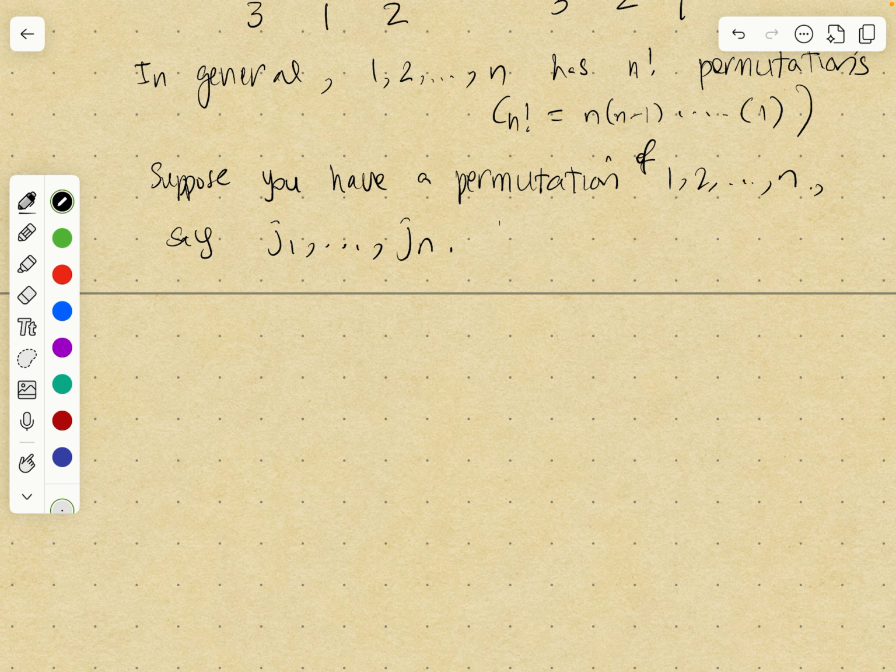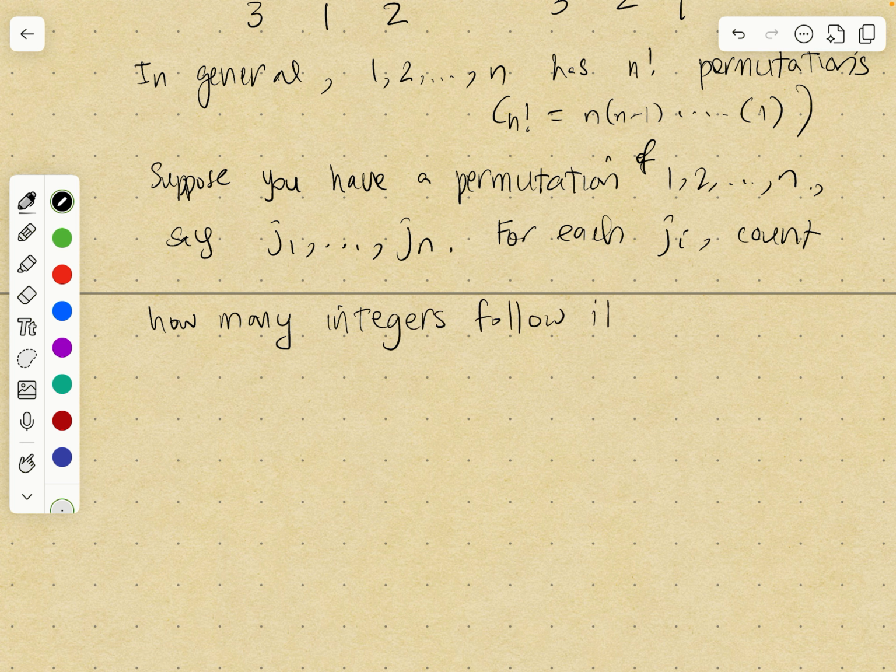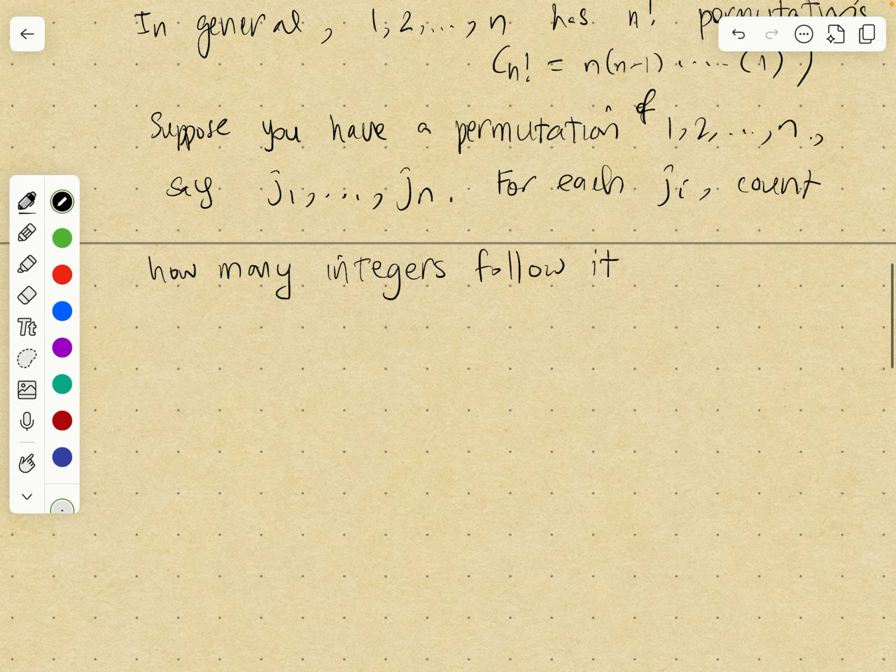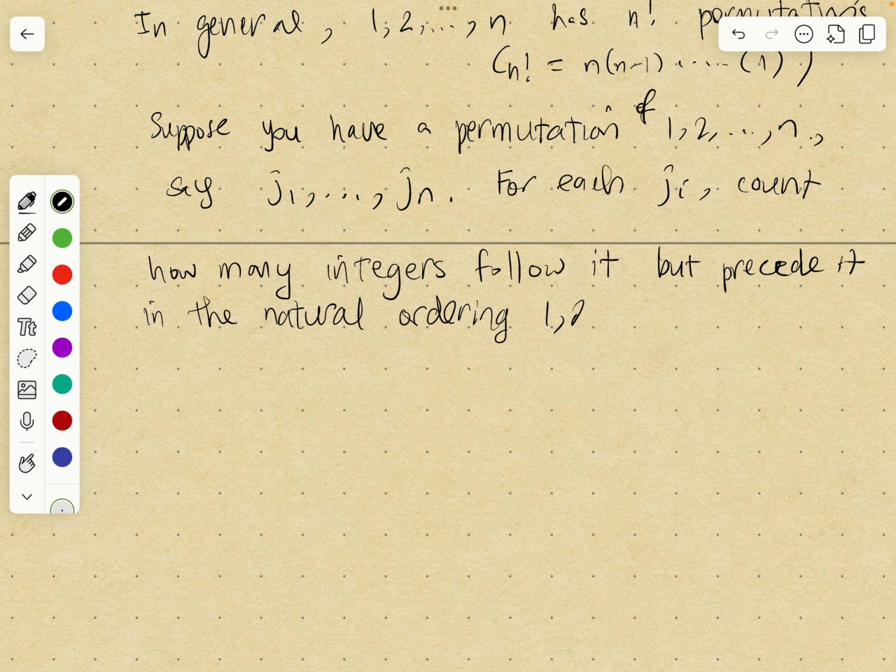Okay, then for each ji, count how many integers follow it in this ordering, but precede it in the natural ordering 1 to n.